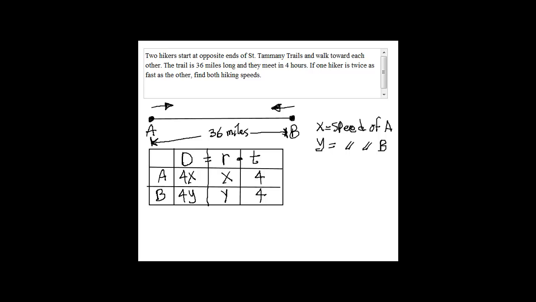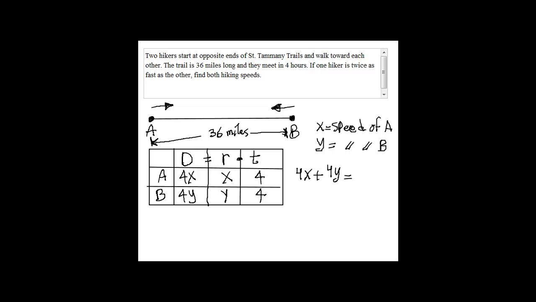So one equation that we have would be, let's picture this here. The first hiker covers 4x, the distance, and the second hiker would cover 4y, but this 4x and 4y should be equal to the total distance they travel, right?